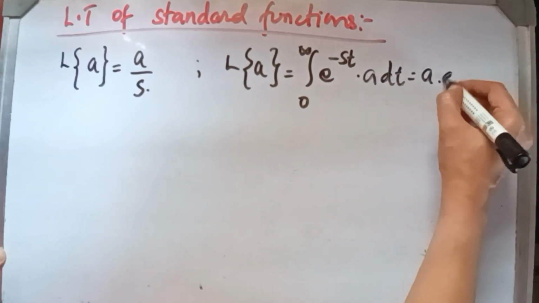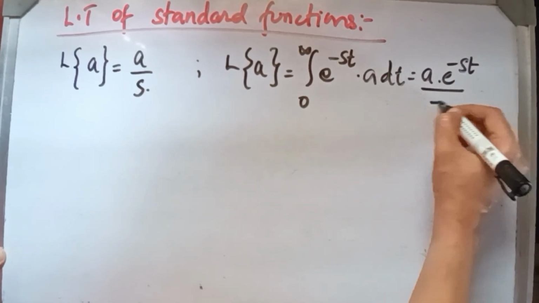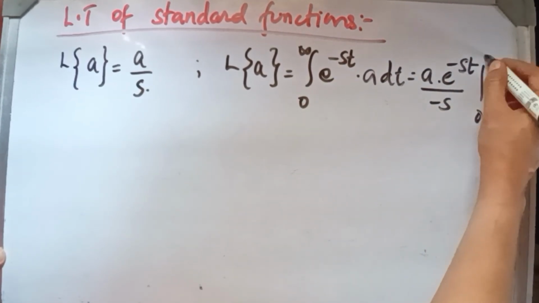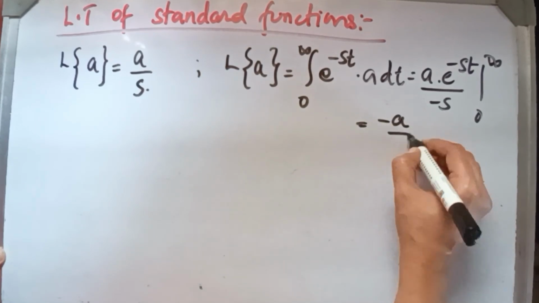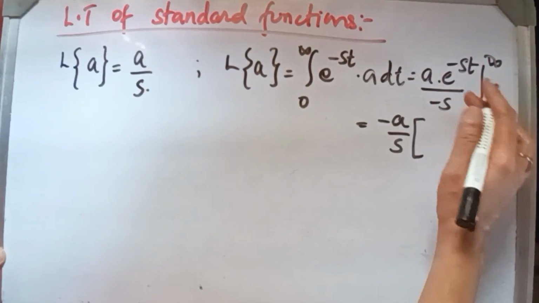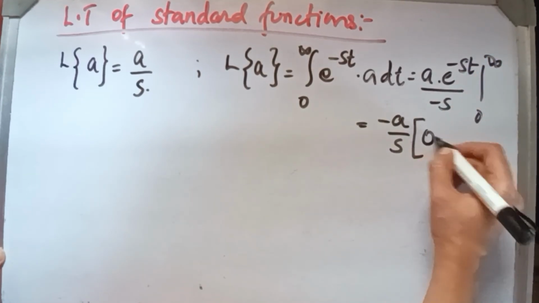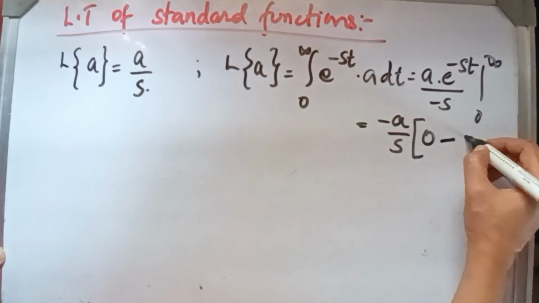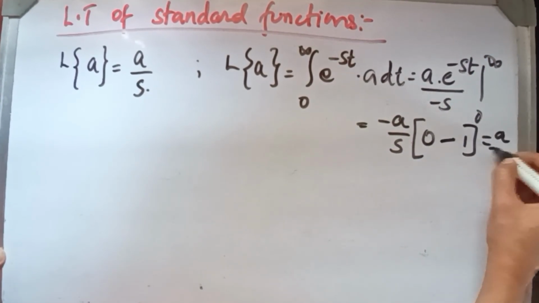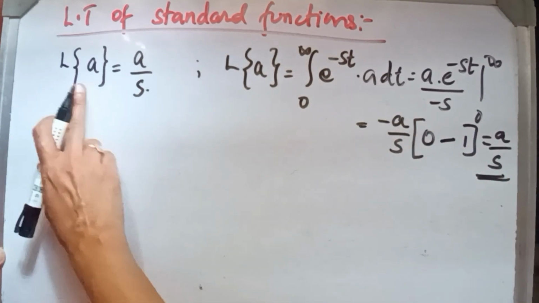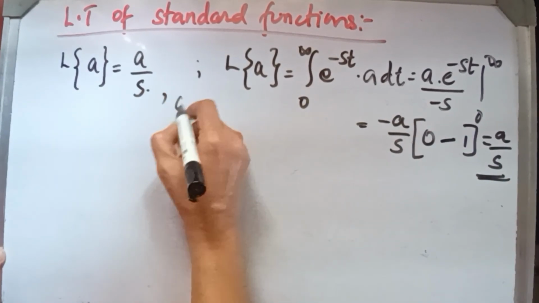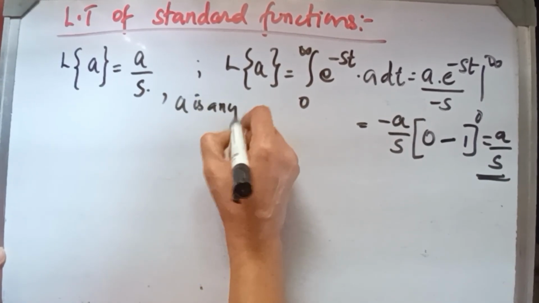Then the integral of e power minus st is e power minus st by minus s from 0 to infinity. This gives you minus a by s into upper limit, e to the power minus infinity, 1 by e power infinity, 1 by infinity is 0, minus lower limit, e power 0 is 1. So that gives you a by s. So Laplace transform of a is a by s, where a is any constant.